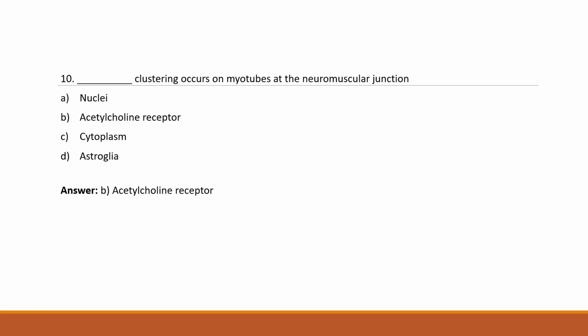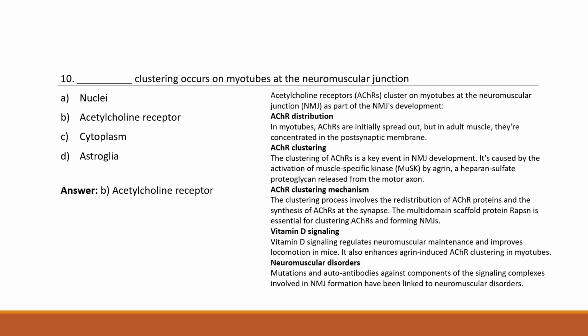For this reason it needs your acetylcholine receptor. That is why there is clustering of these acetylcholine receptors at the neuromuscular junctions. Your acetylcholine receptors cluster on myotubes at the neuromuscular junction as a part of neuromuscular junction development.